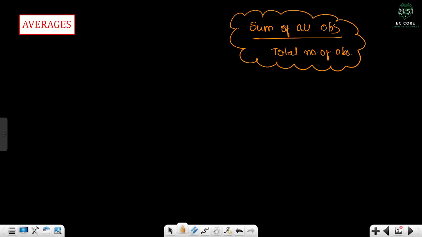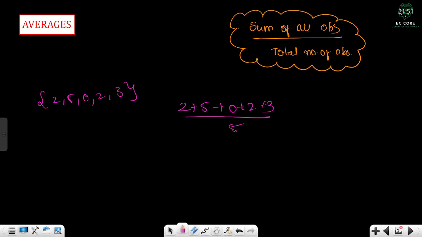Let us say I am asking you to find the average of 2, 5, 0, 2, and 3. If you do 2 plus 5 plus 0 plus 2 plus 3 by 5, then this will not be the average, this will be the mean.